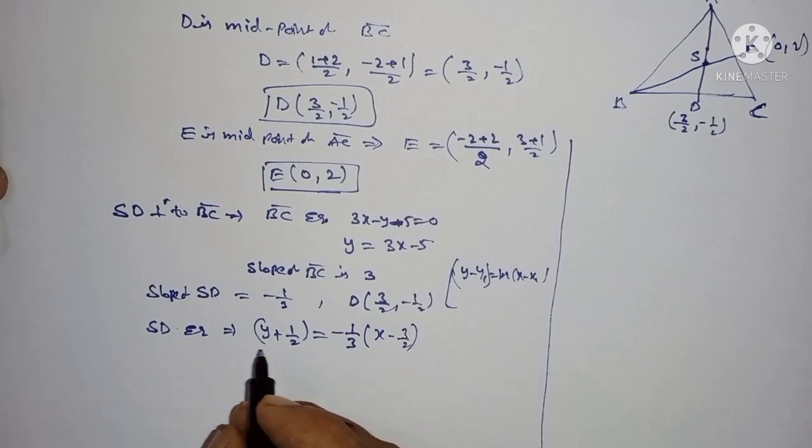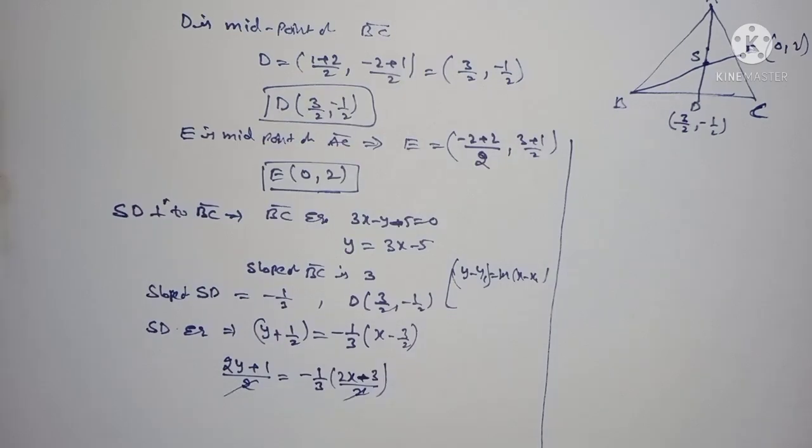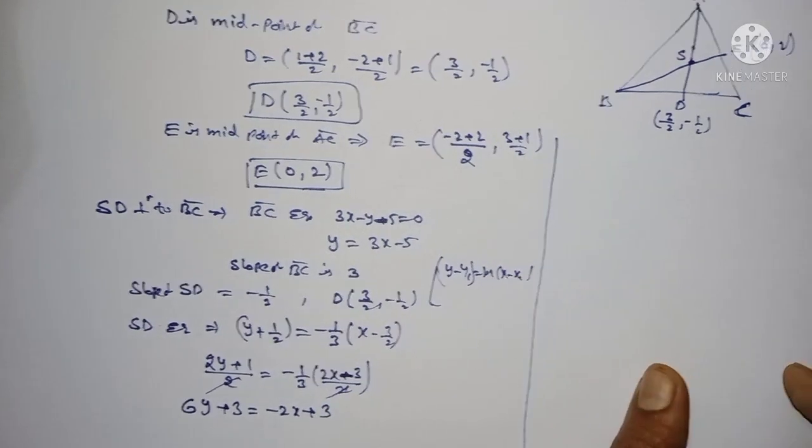Can simplify, what happens is 2y plus 1 by 2 is equal to minus 1 by 3 of 2x minus 3 by 2. 2 get cancel. And I can write here, can multiply with 3, what happens, that is 6y plus 3 is equal to minus 2x plus 3 only, this minus of minus plus 3.